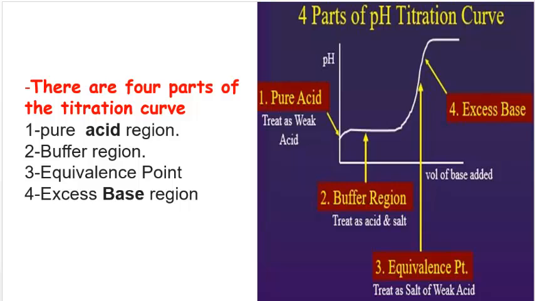The first part indicates the pure acid at this point. Second, buffer region, 3, equivalence point, number 4, excess base region. 1, 2, 3, 4.